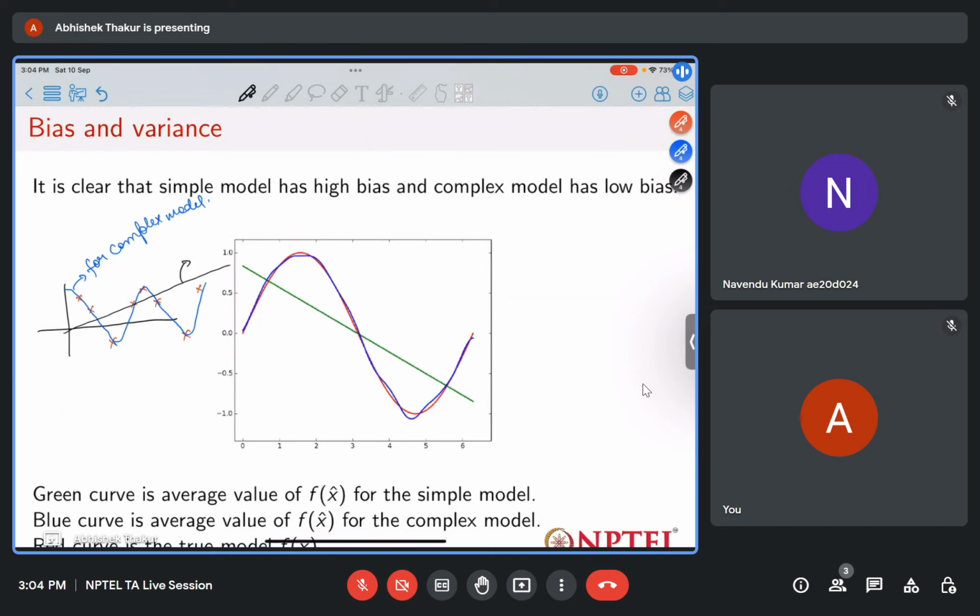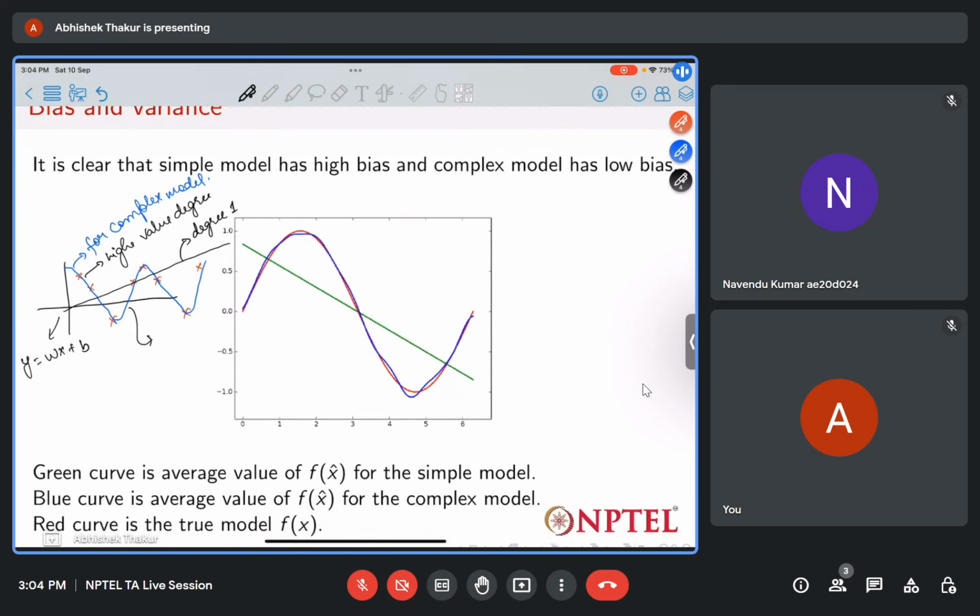This is of degree 1, and the other may be of higher degree, because we can write this line as y equals wx plus b, and this is some polynomial curve of degree greater than 1, maybe 3, 4, 5, whatever.